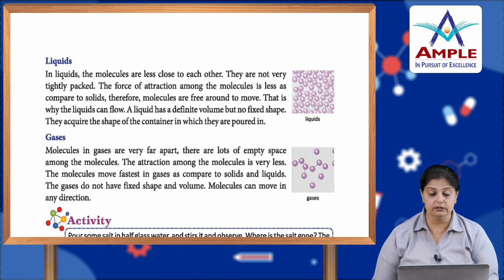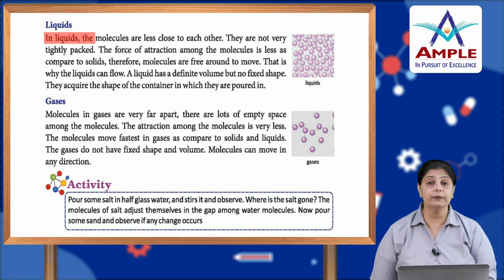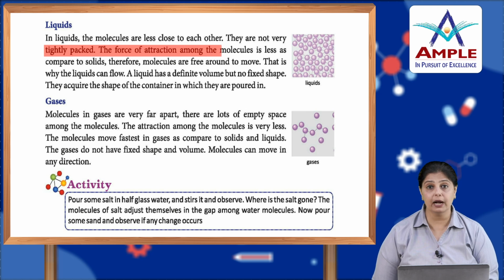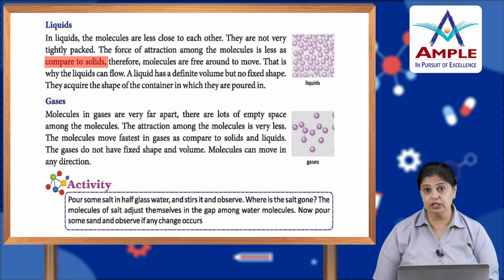Now, liquids. In liquids, the molecules are less close to each other. They are not very tightly packed. The force of attraction among the molecules is less as compared to solids. In solids the force of attraction is more, that is why they are so tightly packed.